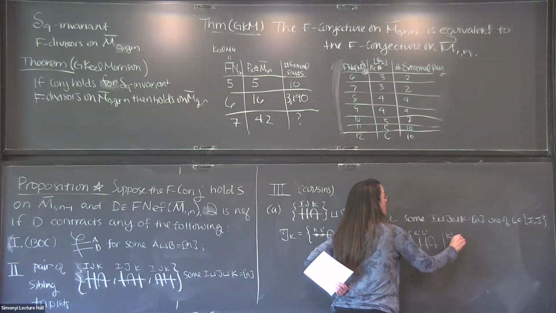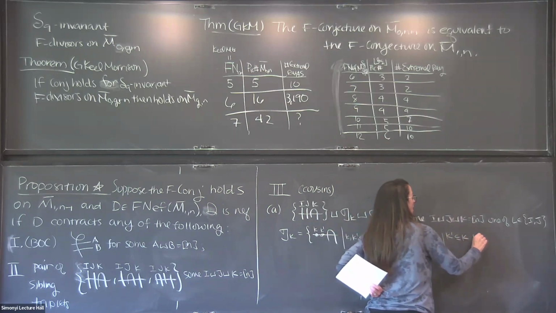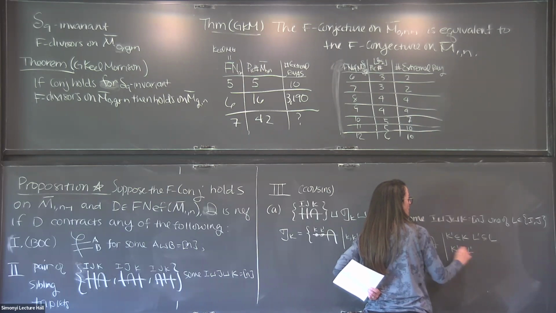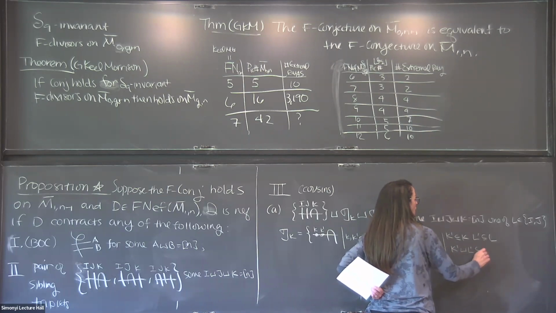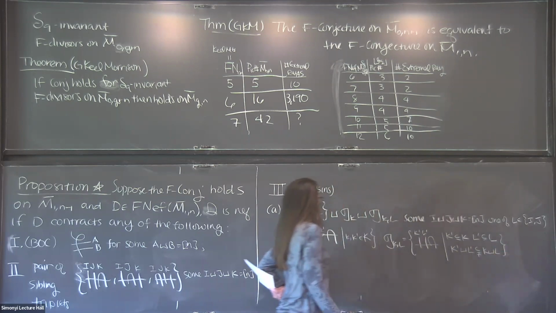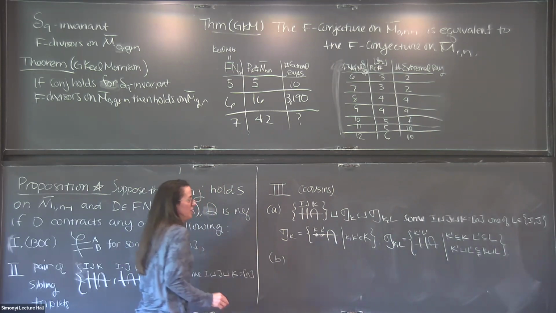Where here K prime is a subset of the points in K, L prime in L, and the only restriction is that when we take the union of K prime and L prime, we get something proper in K union L. Okay, so I'll do some examples to show.